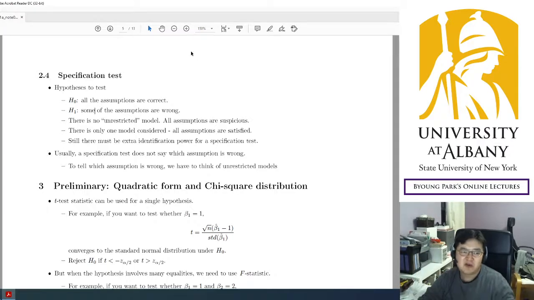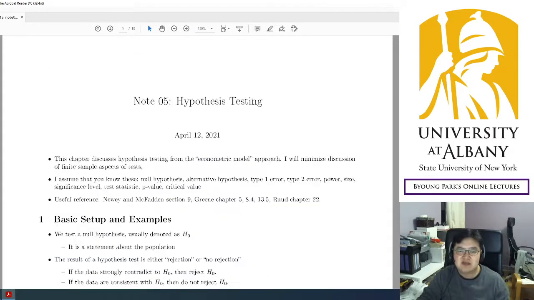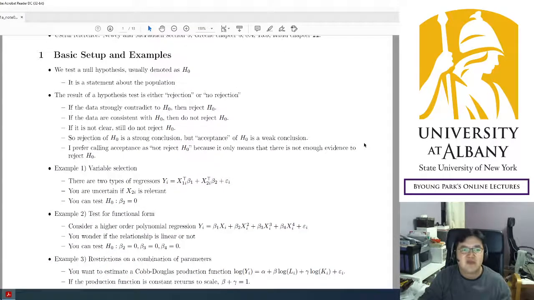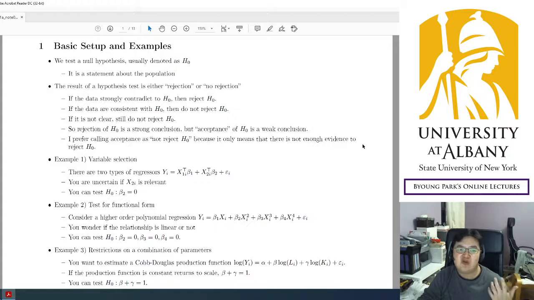Maybe you have not heard about them, but I think they are related to each other and very important concepts in econometrics, and it must be helpful at some point when you think about your model and when you think about assumptions and hypothesis testing in your dissertation.